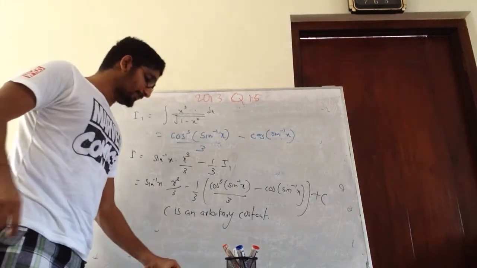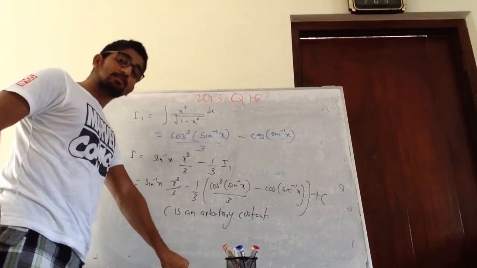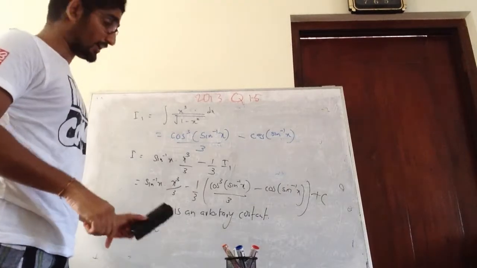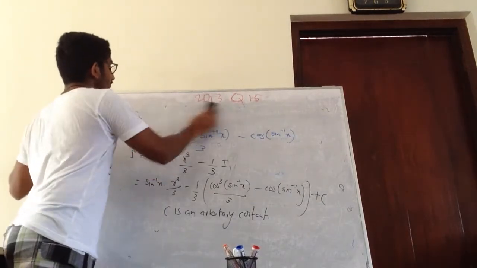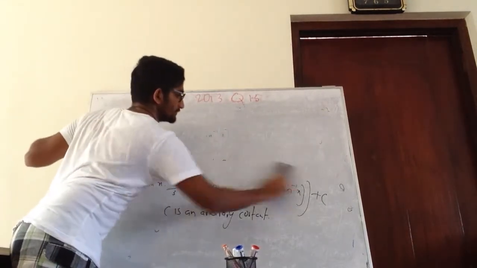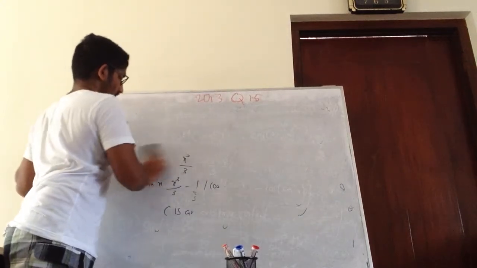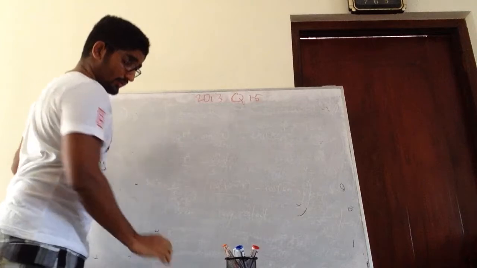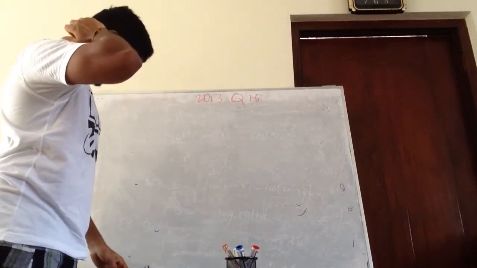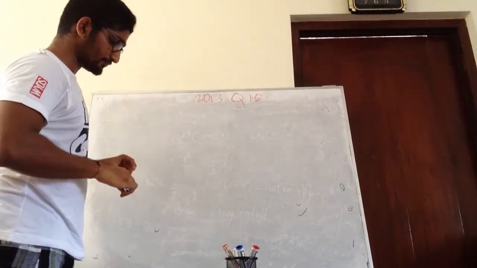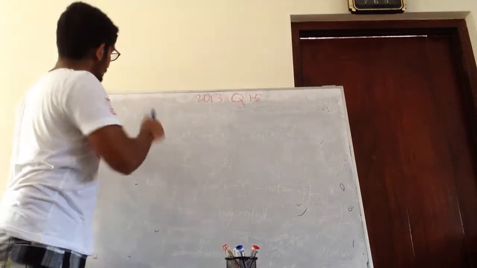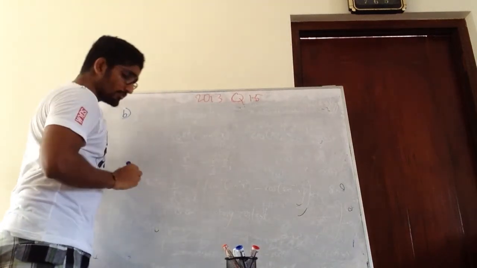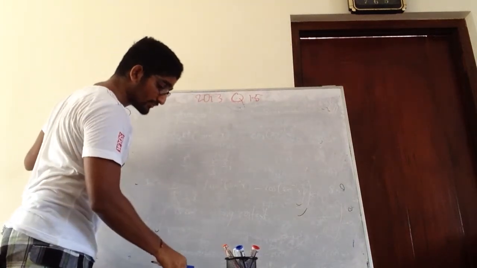Right, so part B, that is integration by using partial fractions. So basically, what we can do here is, part B says using partial fractions to find this.